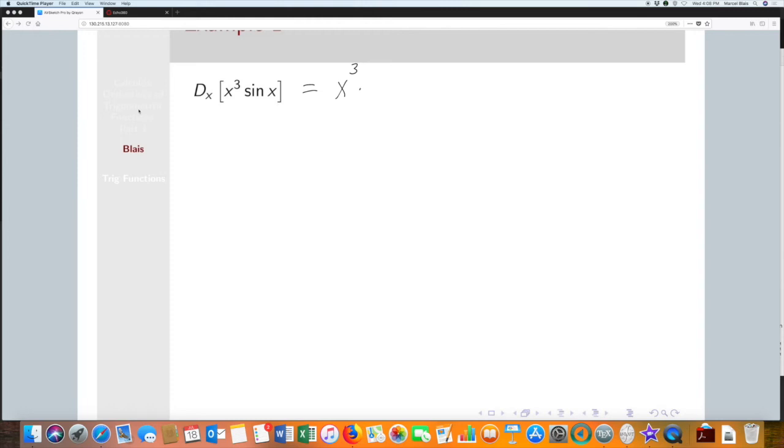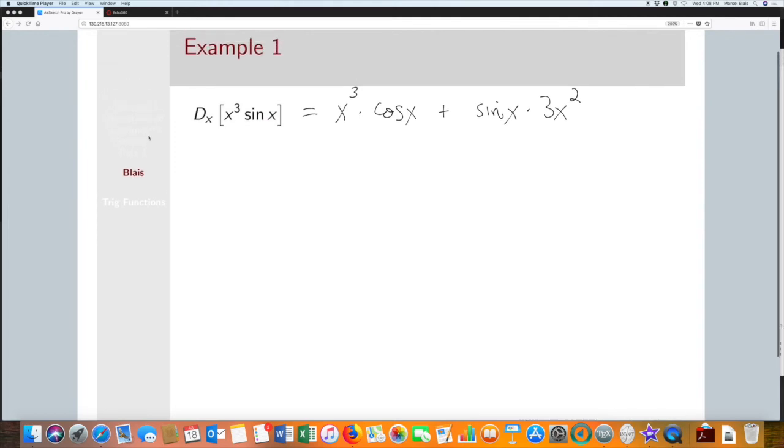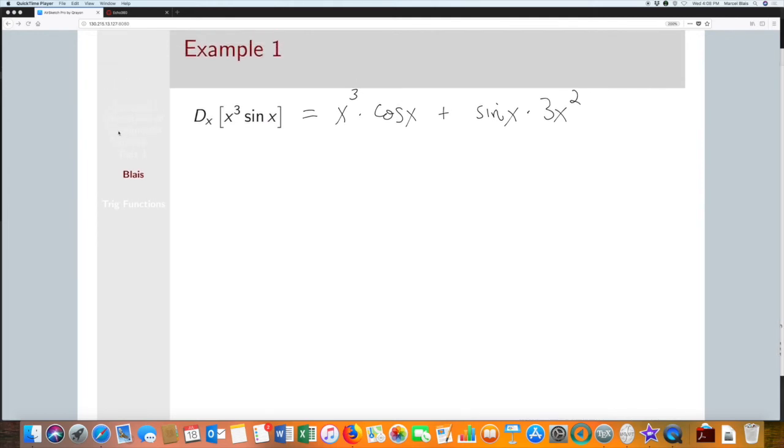Well, we just saw that the derivative of sine of x was cosine of x, plus the second, sine of x, times the derivative of the first, which we get with the power rule, 3x squared. So we now see how a trig function like sine of x fits into these problems that we do with the rules for differentiation that we already have established.